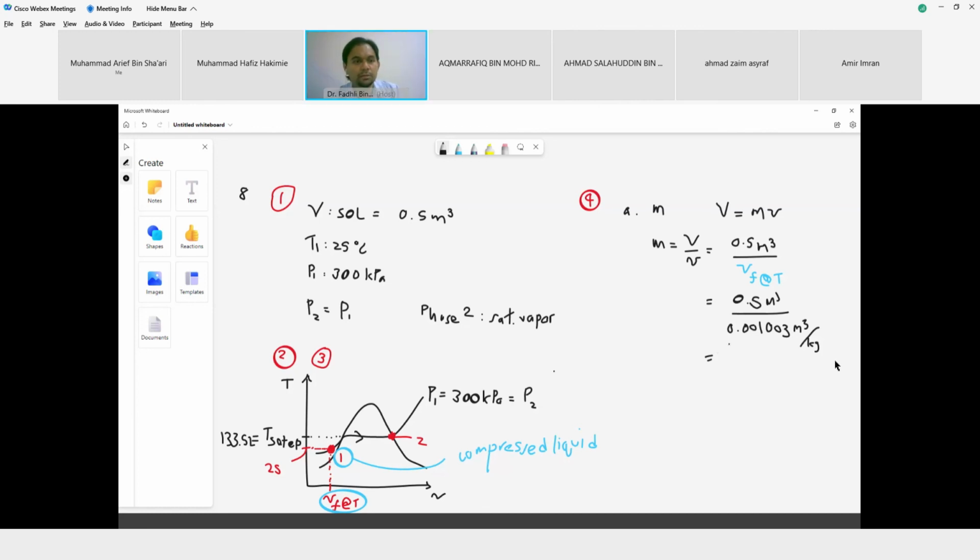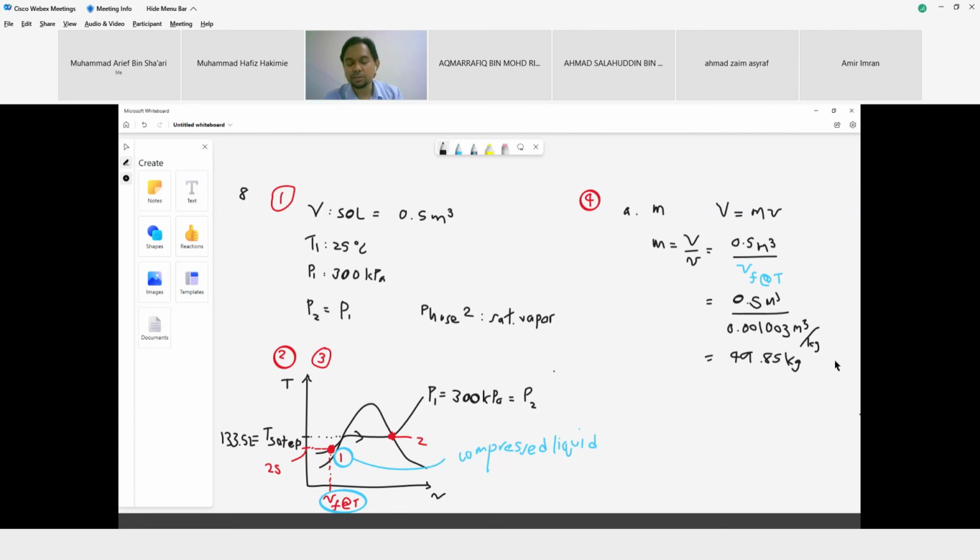Tak ada yang kira kan? Pak 9.85. 49.85 kilogram.